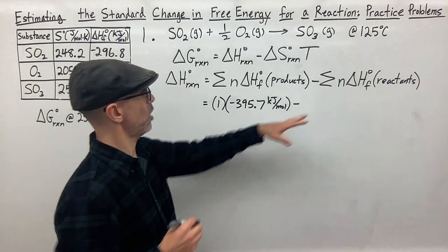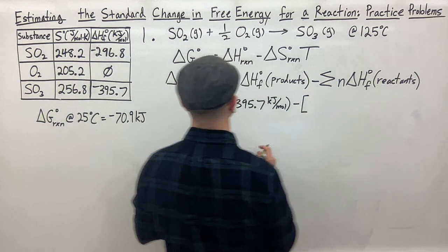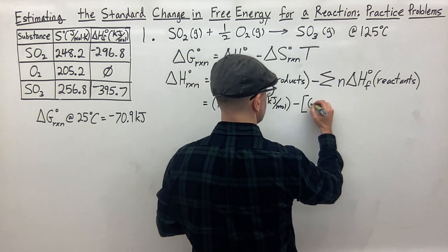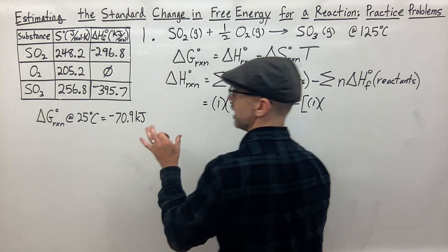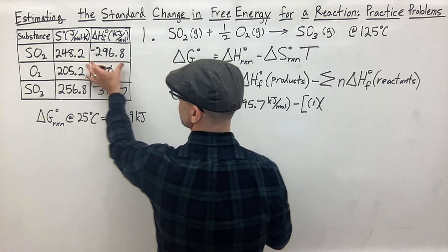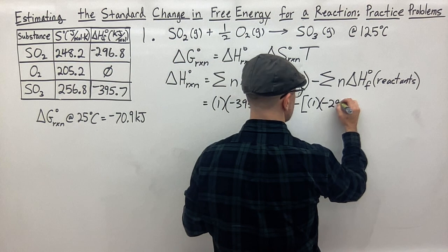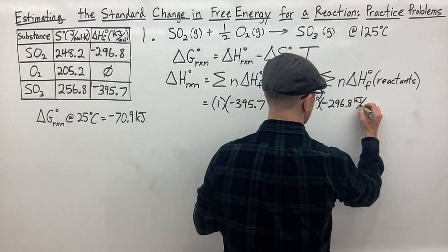And then we're going to do our reactants. So we're going to subtract out the sum of the reactants. We have 2 reactants. The first one is SO2. We have 1 of those, so we're going to multiply by 1. And then the standard heat of formation of SO2 is negative 296.8 kilojoules per mole.